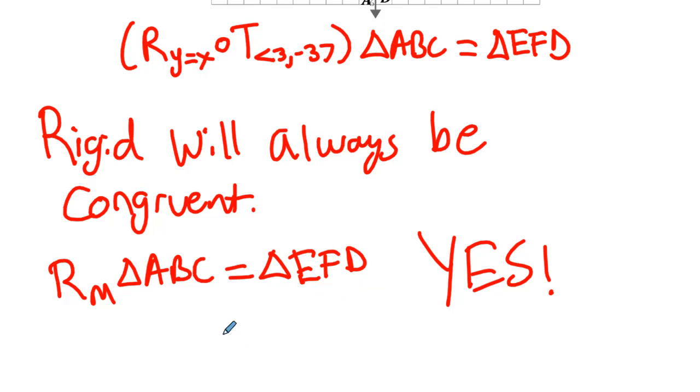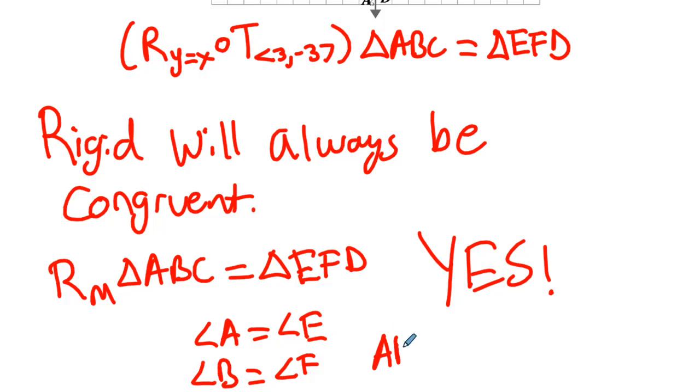So I am comfortable in this situation saying that angle A is congruent to angle E, angle B is congruent to angle F, and you know the next one. And the same thing for the side lengths, right? So I know that side length AB is congruent to EF. I'm not going to bore you and write down every single side length, but you get the idea.